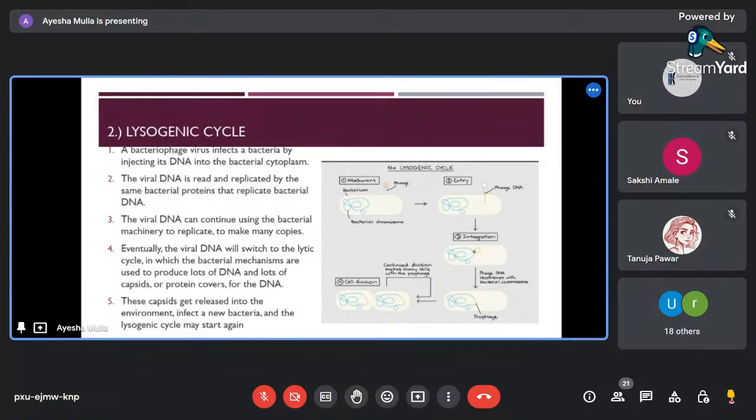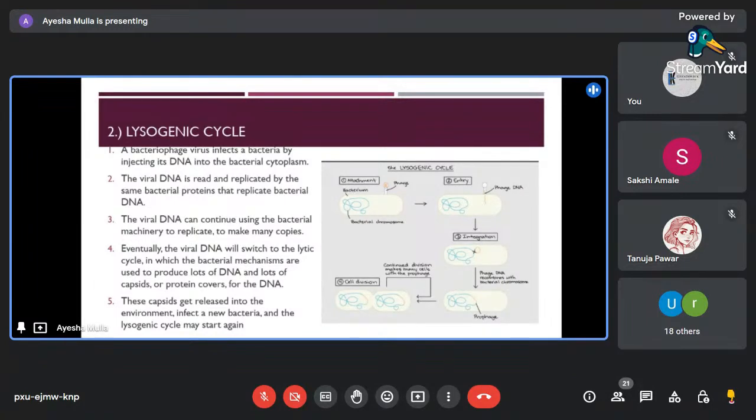In the third step is integration, where the viral DNA gets integrated with the bacterial DNA. The viral genetic material is read and replicated by the same bacterial proteins that replicate bacterial genetic material. Now, the integrated genetic material is called a prophage.